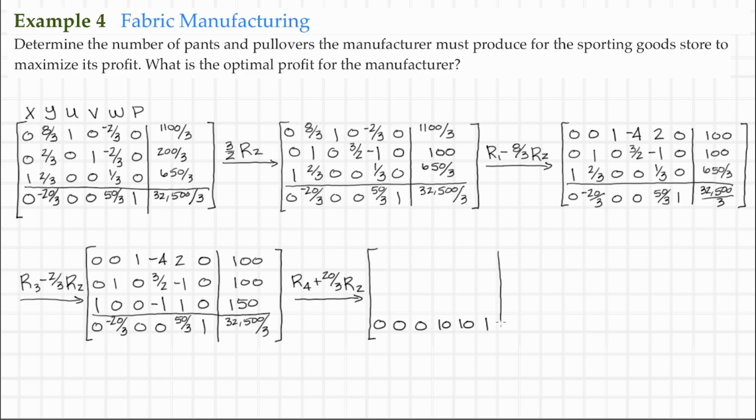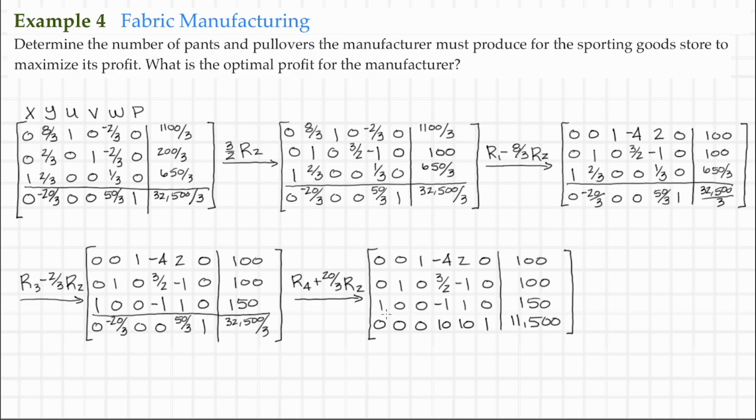Put in our vertical bar. 100 times 20/3, that's 2,000/3. 32,500/3 plus 2,000/3 is 11,500. Close off our bracket, and then we fill in the rest. Put in our horizontal bar.